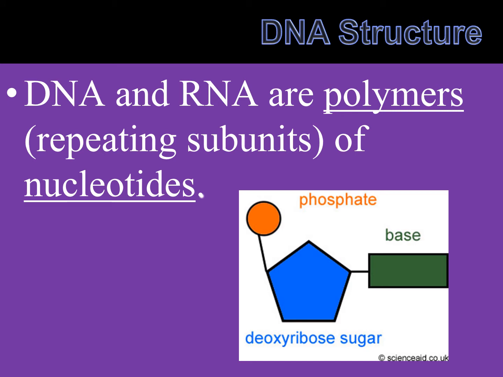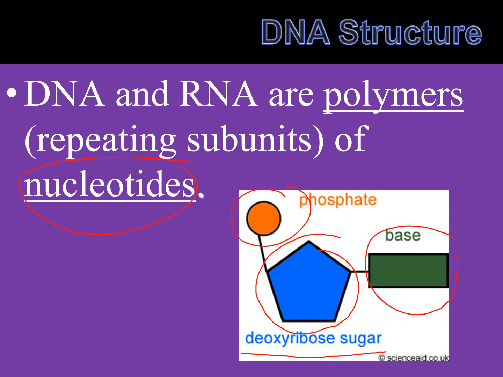All right, so earlier in the semester we learned about DNA structure. We still have the phosphate, and because this is DNA, this is deoxyribose, and then this right here is the N bases. DNA is made up of nucleotides. These three things are the nucleotides.